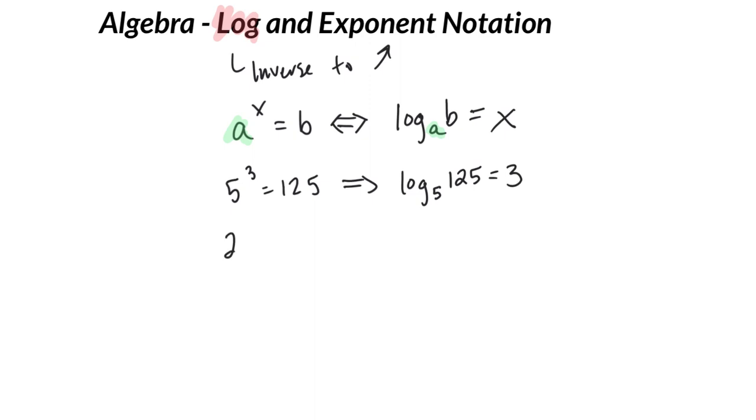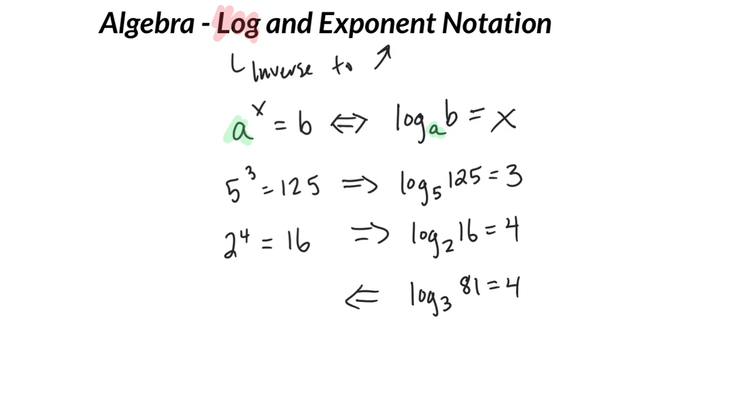If I were to say 2 to the fourth is 16, with logs, that would be log base 2 of 16 is equal to 4. Let's go the other way. If I were to say log base 3 of 81 equals 4, you could say, well, that means that 3 to the fourth power is 81.